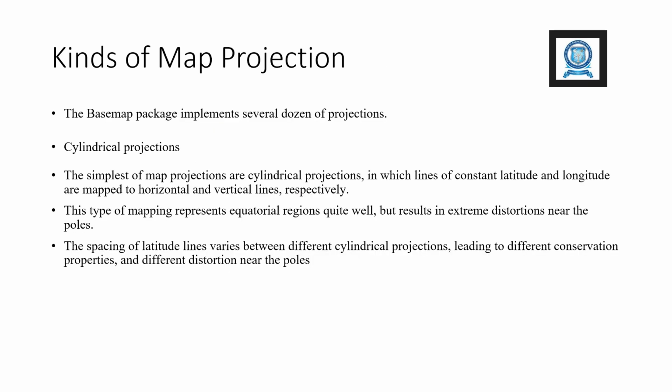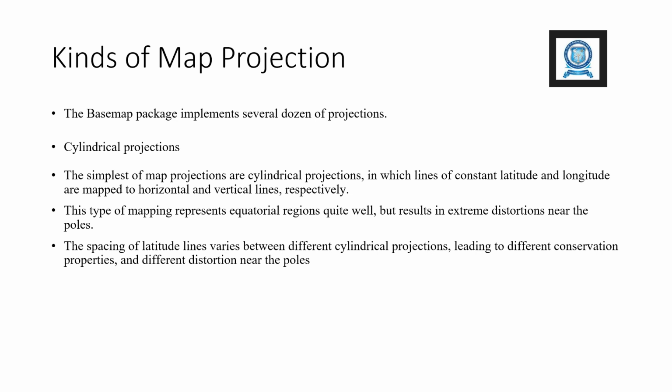Next one is kinds of map projection. There are different types of map projections we are going to see in this presentation. First one is cylindrical projection. The simplest of map projections are cylindrical projections, in which lines of constant latitude and longitude are mapped to horizontal and vertical lines respectively.